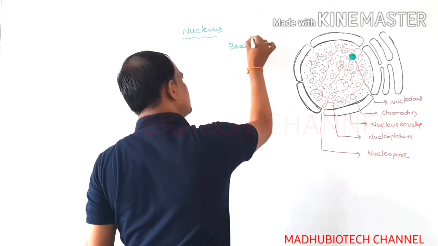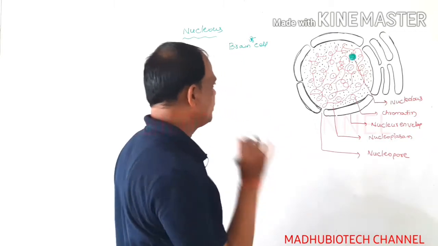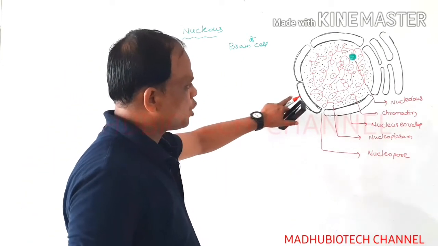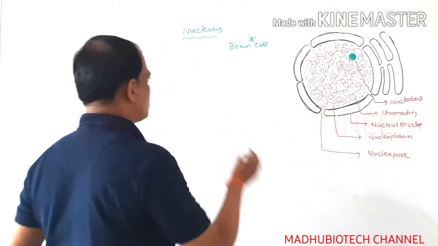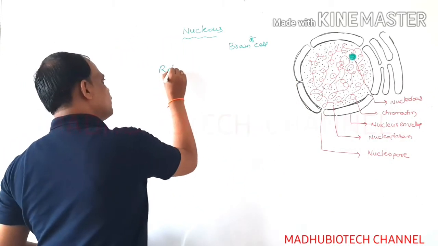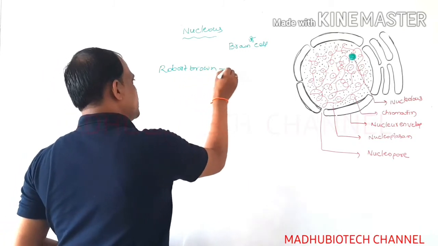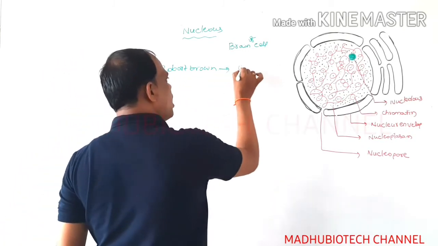The scientist Robert Brown first observed the nucleus in orchid roots.